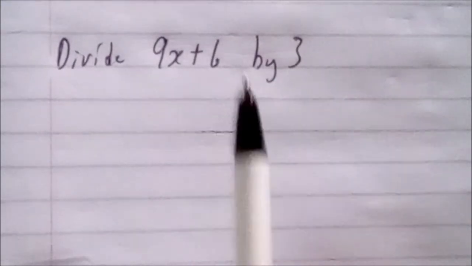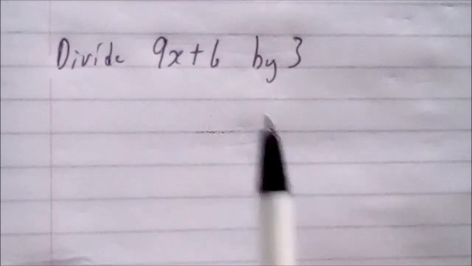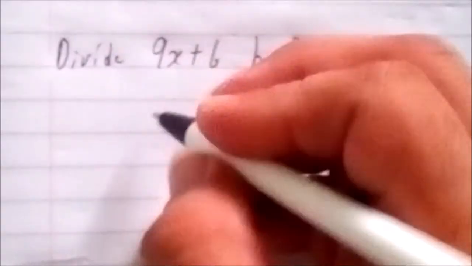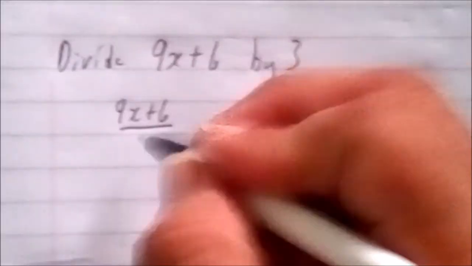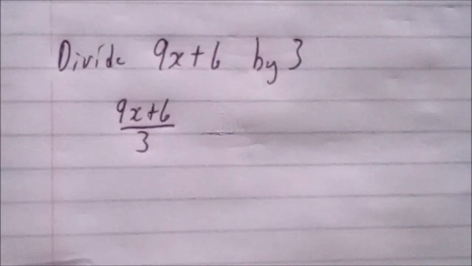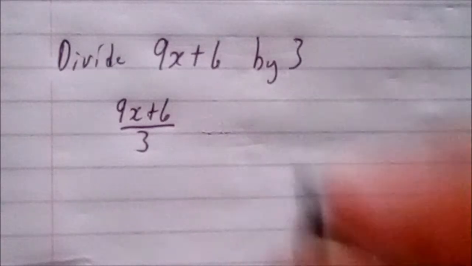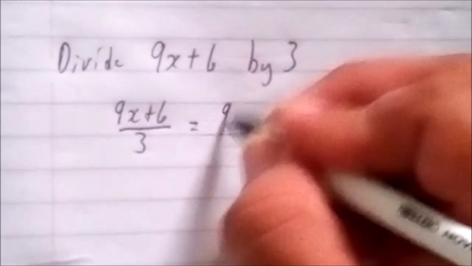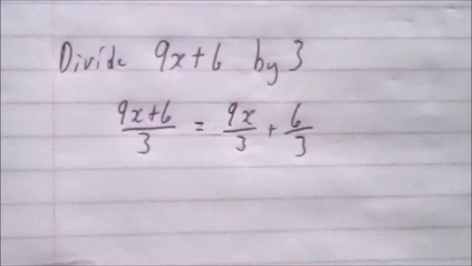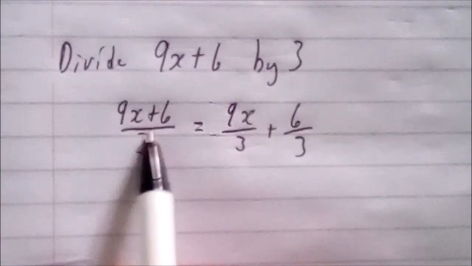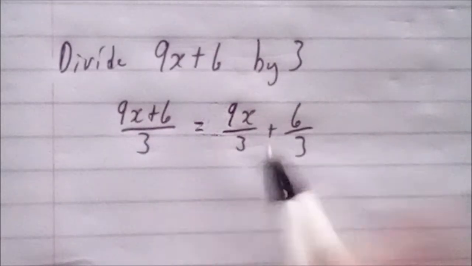Strategy: set up the fraction to represent the division, 9x plus 6 over 3. Then we divide each term of the numerator by the denominator, because this is the rule for dividing a polynomial by a monomial: 9x over 3 plus 6 over 3.